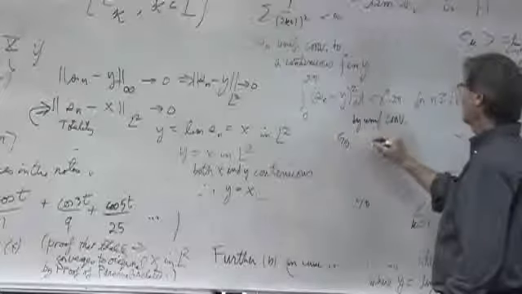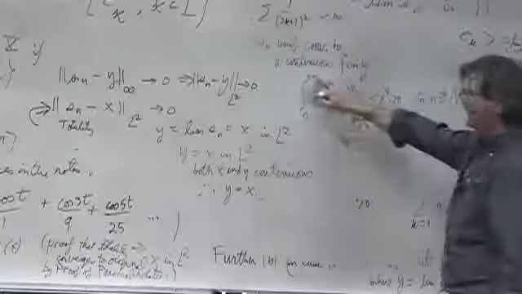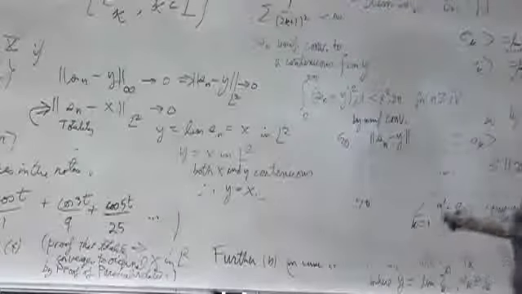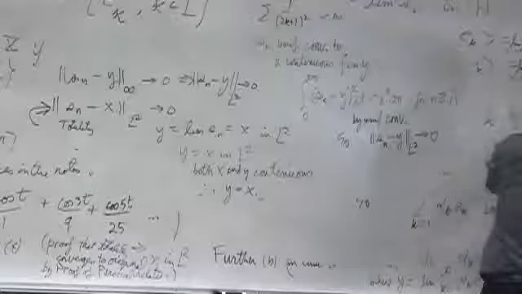That's because I'm on a finite interval here, I'm using that. Therefore, Sn minus y in L2 goes to 0.